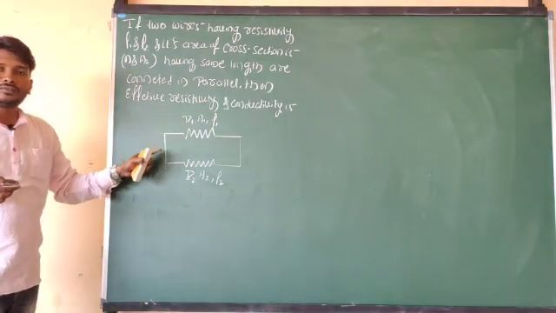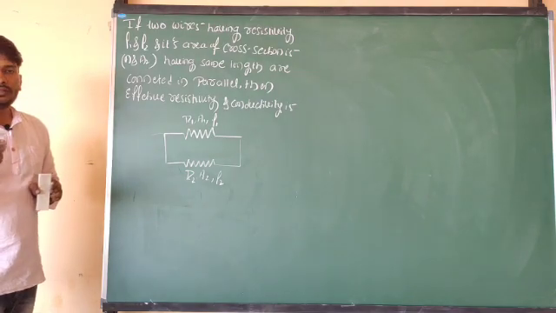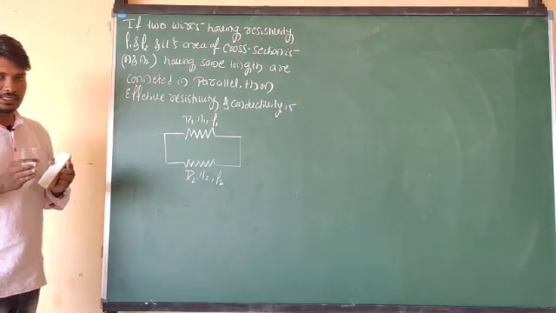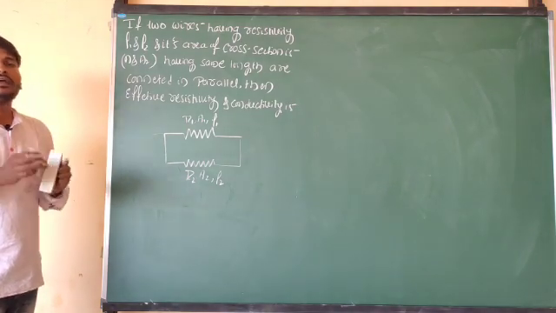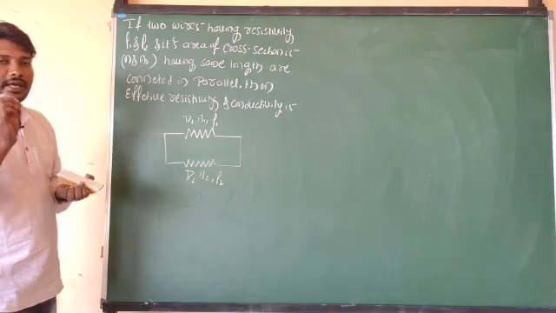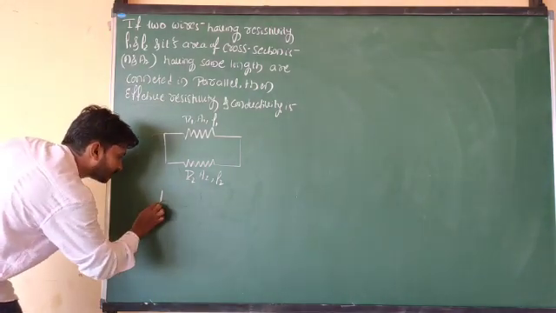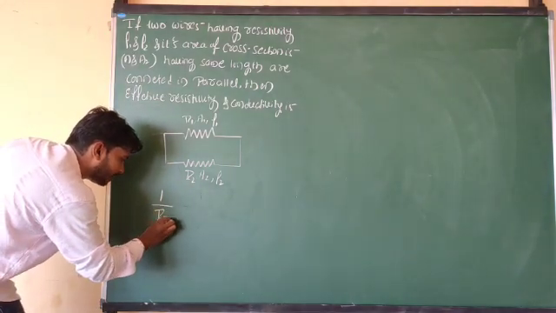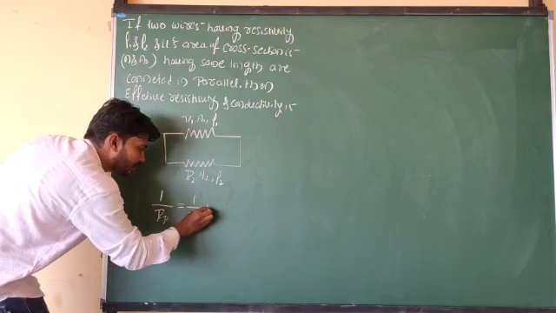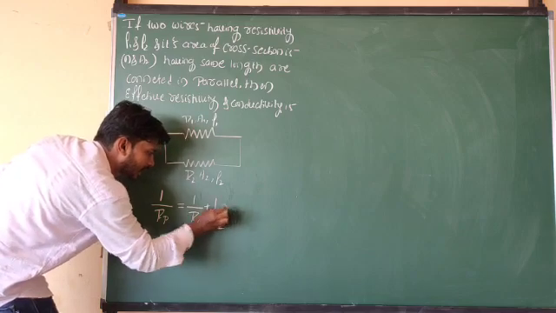So now in case of parallel combination, I need to find out what the effective resistance is. In upcoming classes we'll discuss effective resistance in parallel combination. So now I will directly take that formula: 1 by Rp is equal to 1 by R1 plus 1 by R2 here.